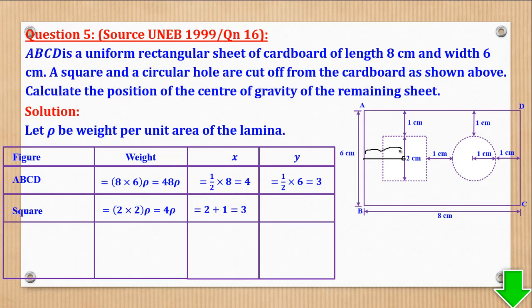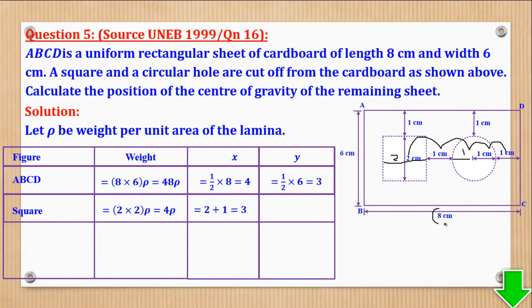Now, how did we find out that this is 2? Let's check. This is also 1. Is it true? Okay. And from here to here, it is 2. Now, let us first add everything: 1 plus 1 is 2, 2 plus 1 is 3, 3 plus 1 is 4, 4 plus 2 is 6.